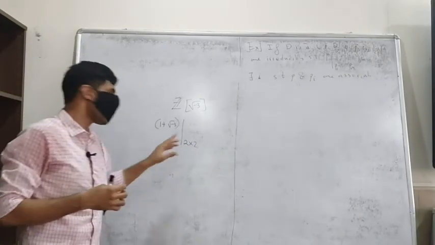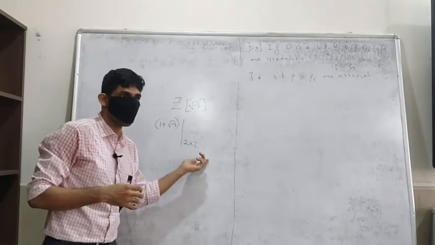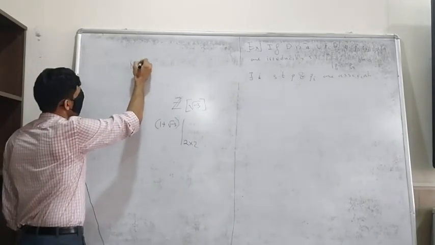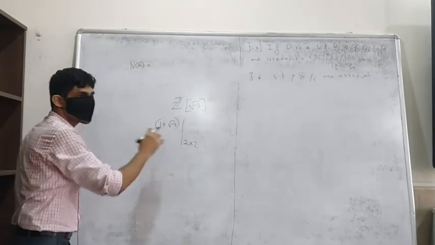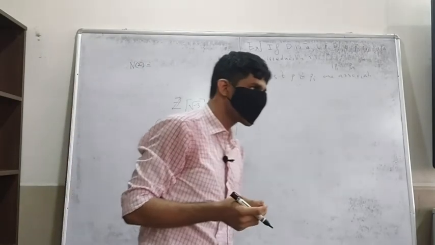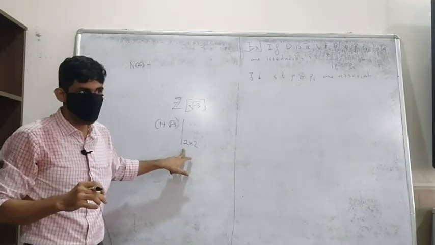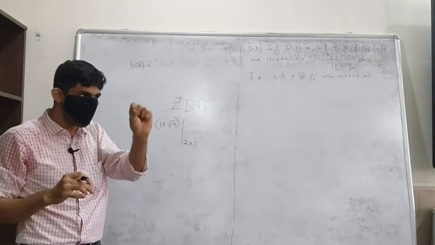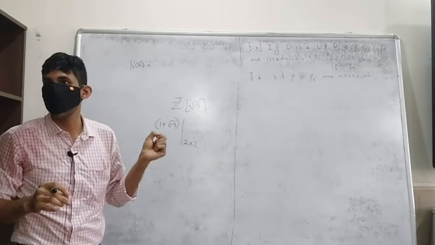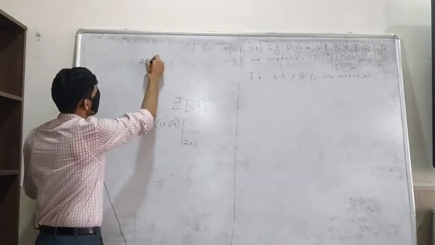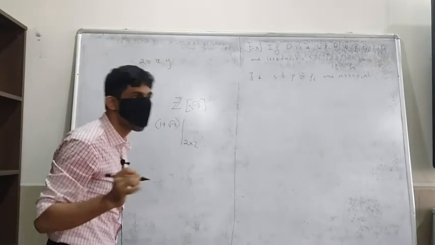You can show that these are irreducibles in Z[root minus 3] because, if 2 is not an irreducible, it will mean that I can break it down into x times y, where x and y are both not units. So I can write 2 as x times y, where x and y are both not units.